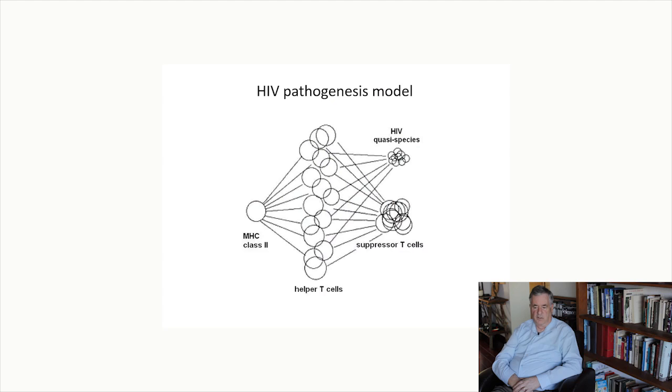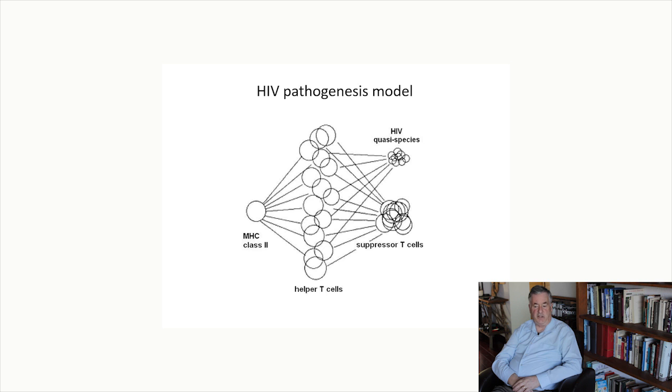The HIV pathogenesis model is that HIV is infecting helper cells that are specific for HIV preferentially, and that leads to a co-selection of HIV and the HIV-specific helper T cells. So then, in addition to the suppressor cells being mutually selected with helper T cells, you have a competing co-selection process of HIV with the helper T cells.